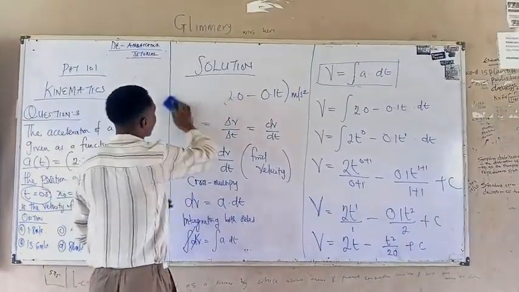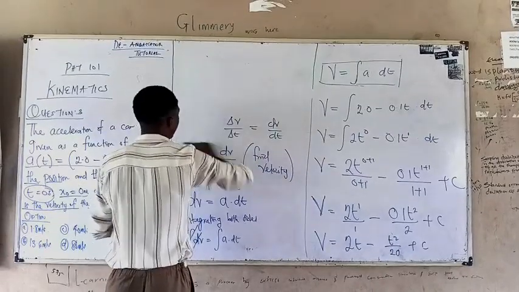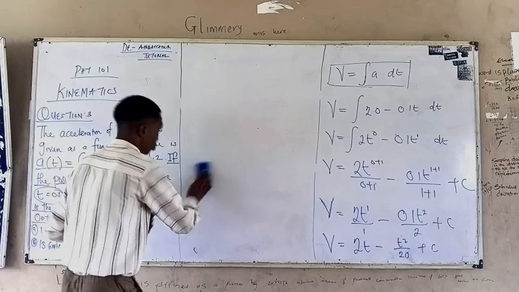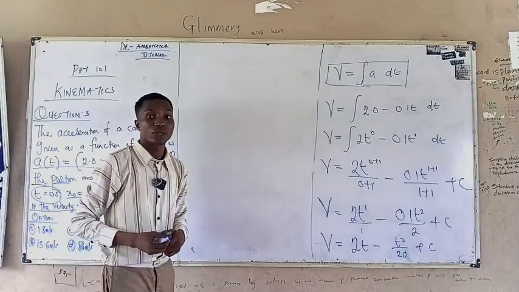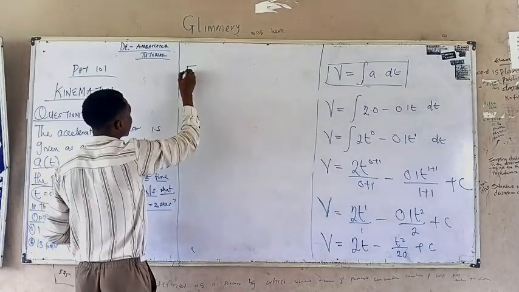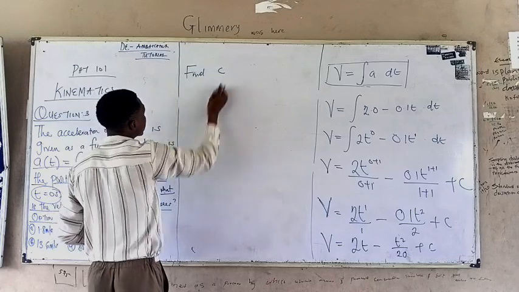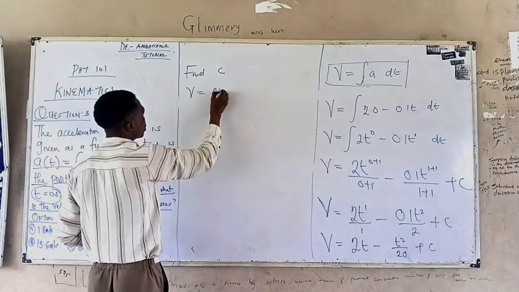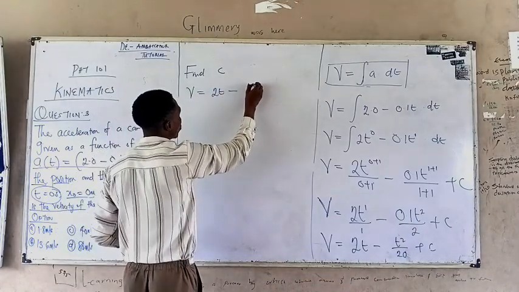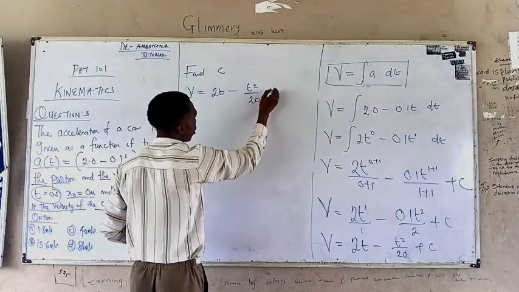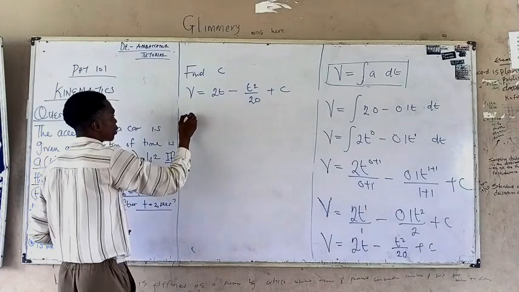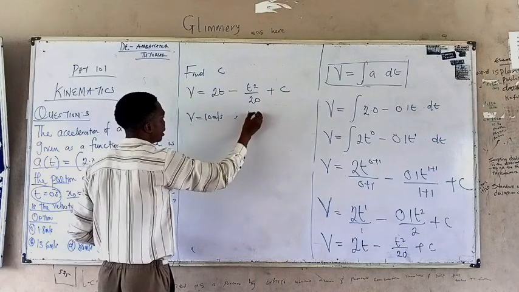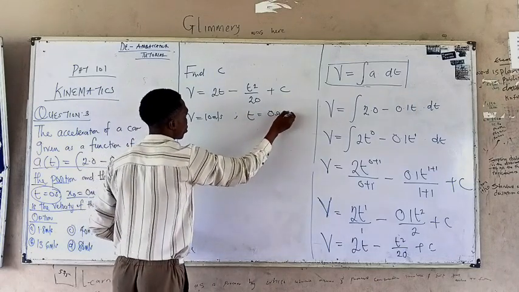Okay, let's solve that. To find c, we have that v equals 2t minus t squared over 20 plus c. Recall that v is equal to 10 meter per second and t is equal to 0 seconds from the question.